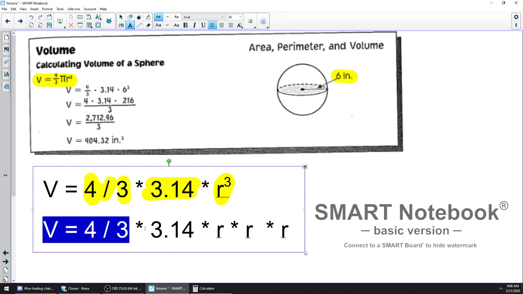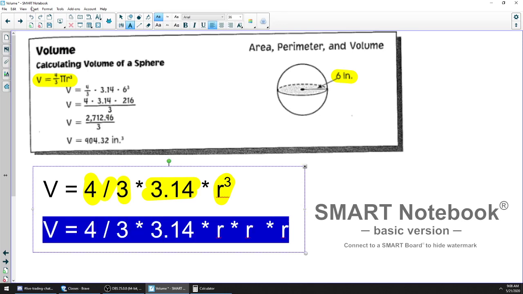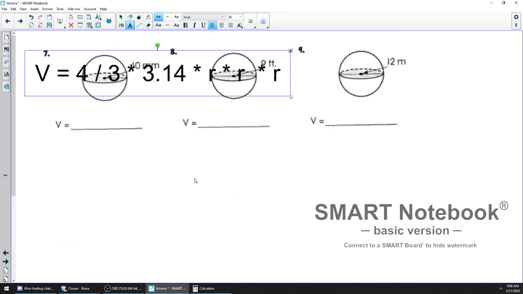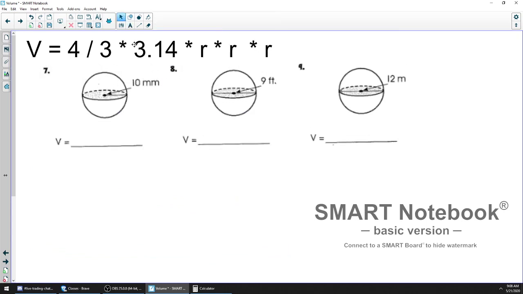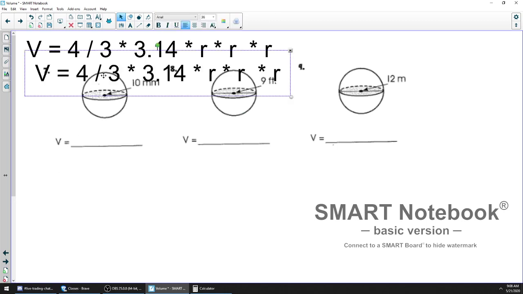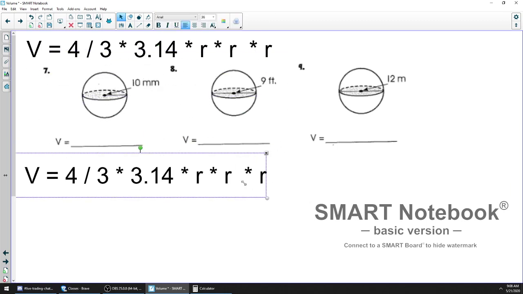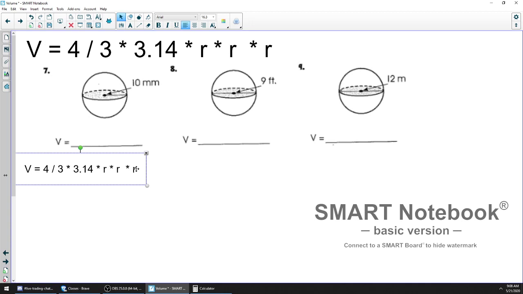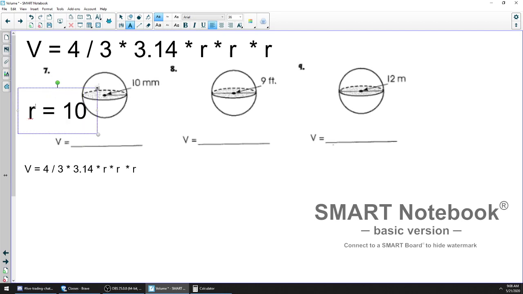Now, I take my formula and I bring it over. Okay? And what am I going to do with it? I'm going to find the radius. So this one, radius equals 10. So wherever I see an r, I replace it with 10.